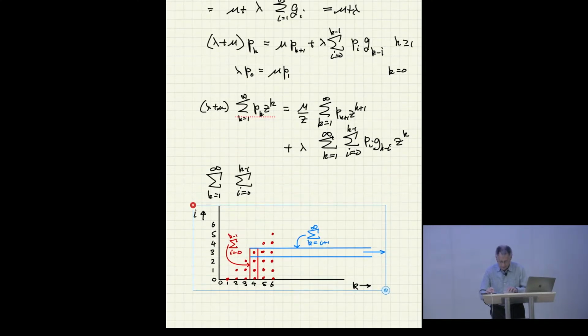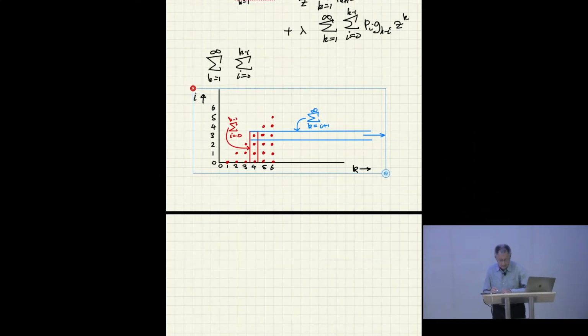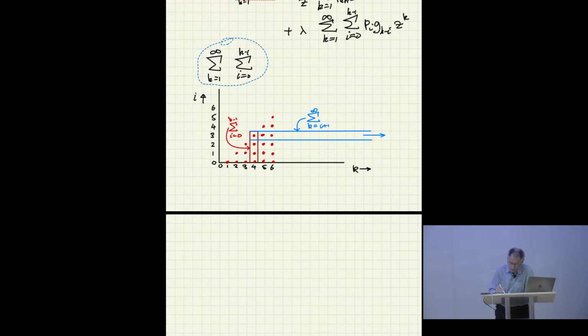So what you see here is that i is the vertical axis, and k is the horizontal axis. Now let's look at what this expression here, which I'm going to turn to the color red.